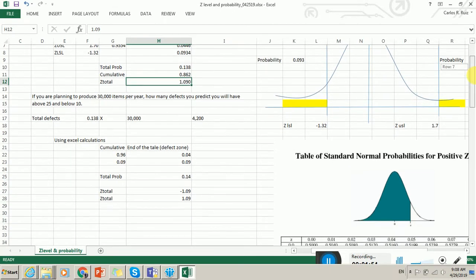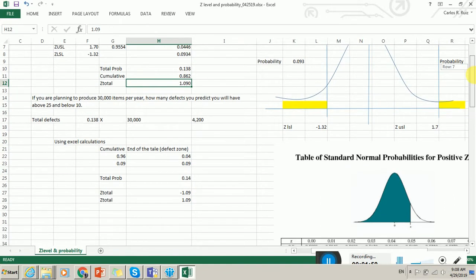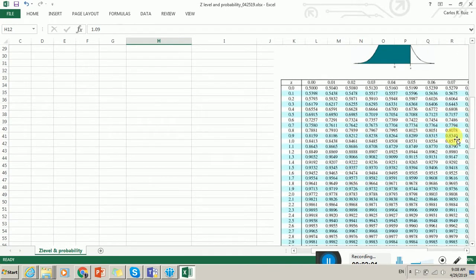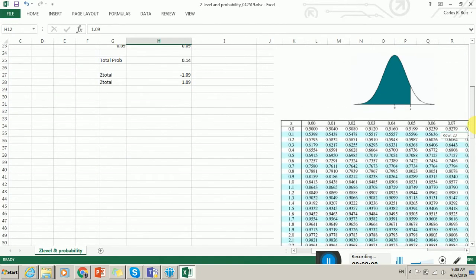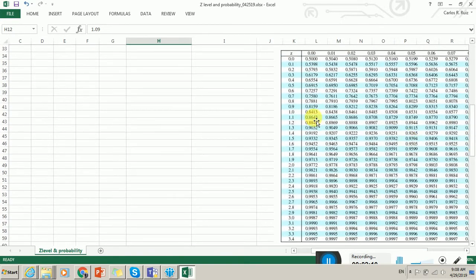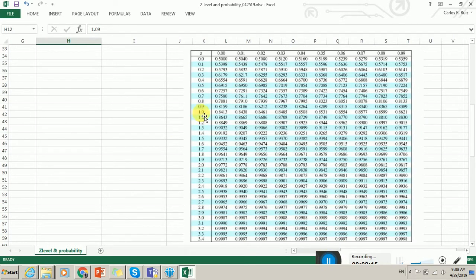So where is that located, so I can know what z level is associated with it? I need to look in the table and find that probability of 0.862, which in this case, you see 1.09 will give me 0.8621, which is the probability that I found.